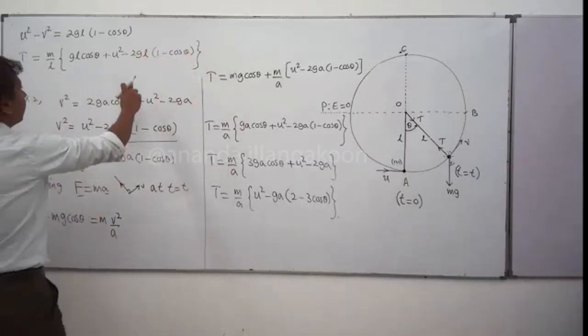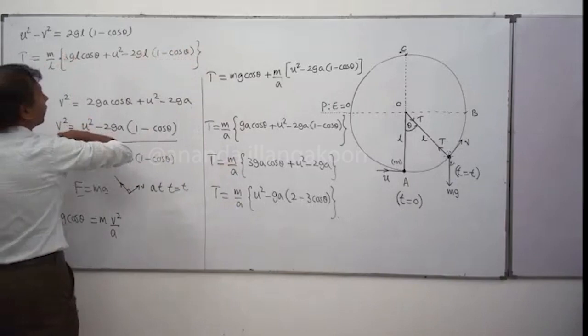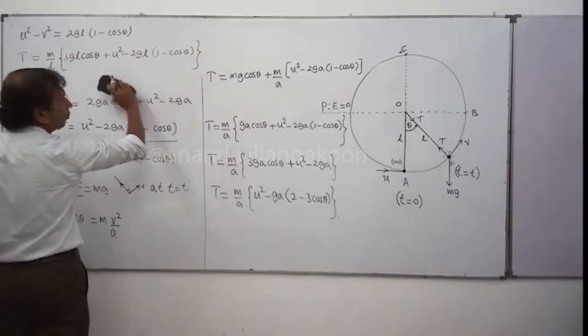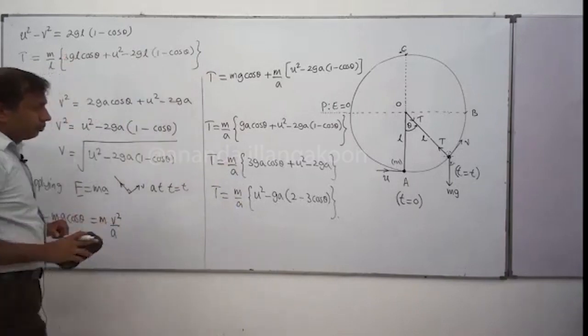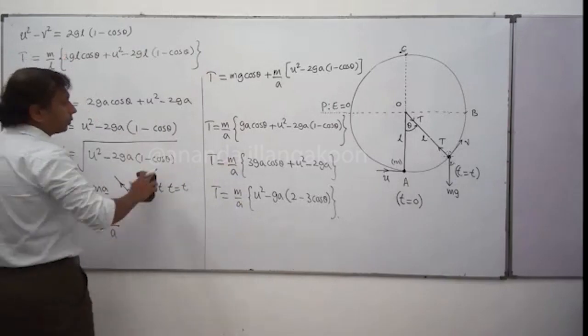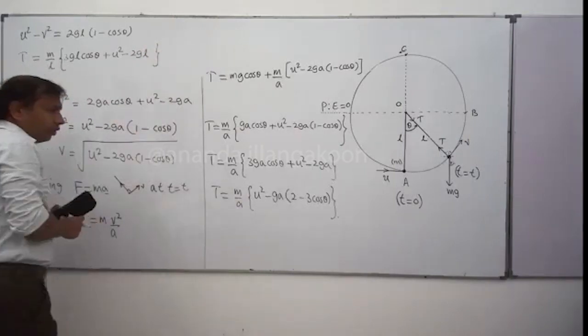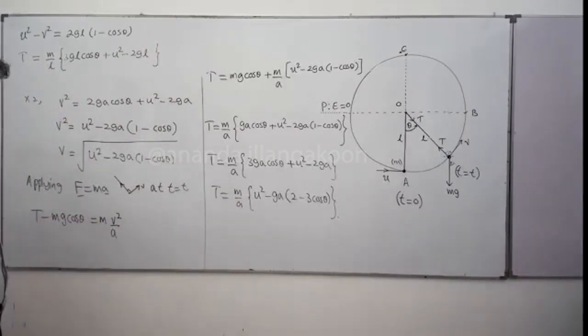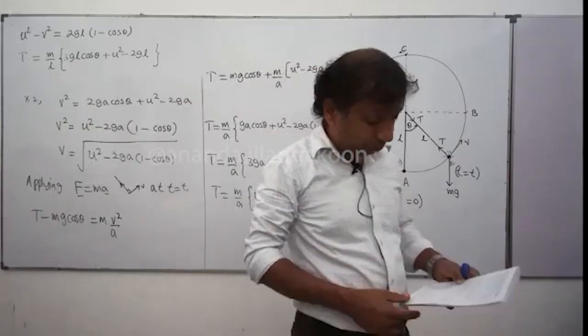When you simplify this, we get 3gl cos theta plus u squared minus 2gl. So T equals m upon L times (3gl cos theta plus u squared minus 2gl). These two answers, I think, you can take very easily.